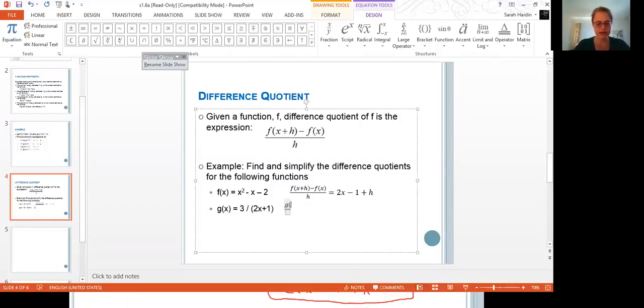So what we found was g of x plus h minus g of x over h was equal to negative 6 over 2 times x plus h plus 1 times 2x plus 1.